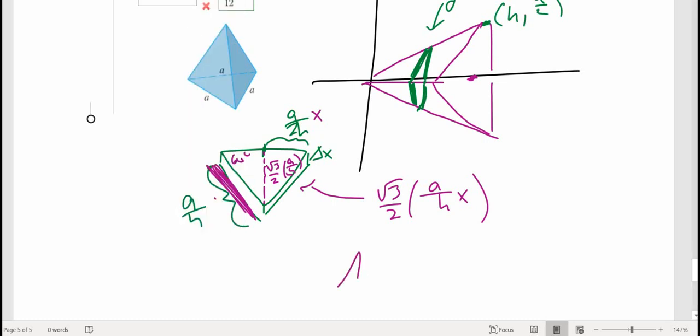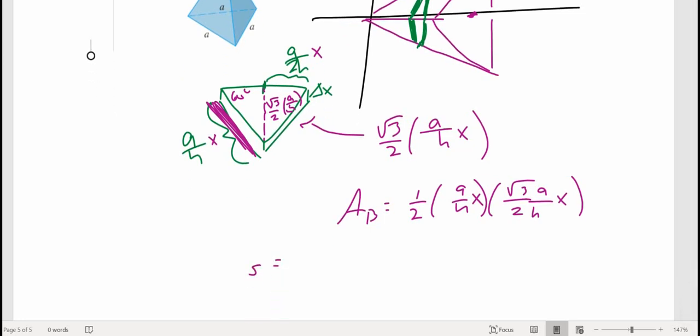So then the area of the base would be 1/2 times the base times the height. A over hx, and I left off my x here because I didn't write it down. So that would be 1/4 a squared over square root of 3.